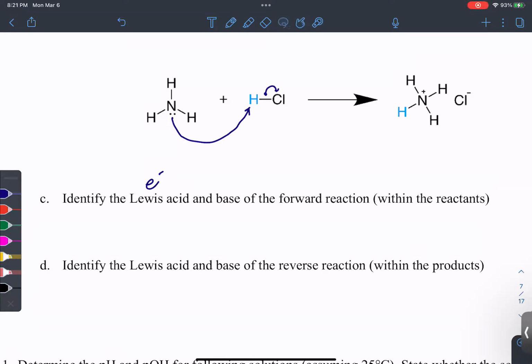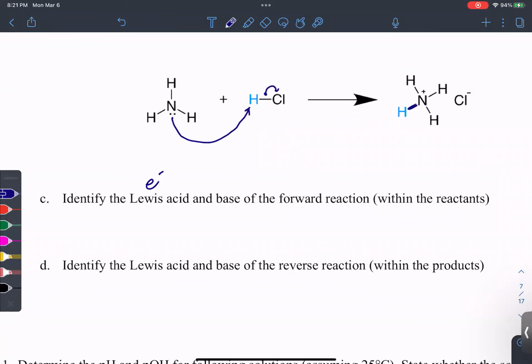So this arrow that I drew, see this arrow I drew? That is now the new covalent bond on the product side of the reaction. See that lone pair just became a covalent bond. Now using Lewis acid base definitions, a Lewis acid is what?